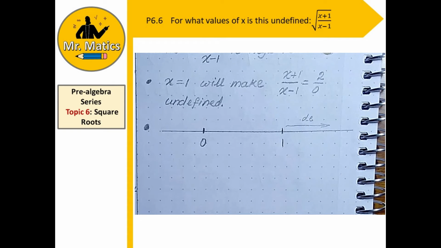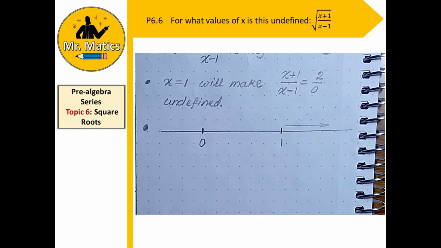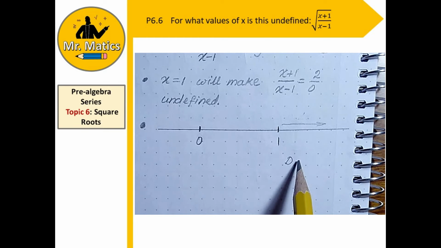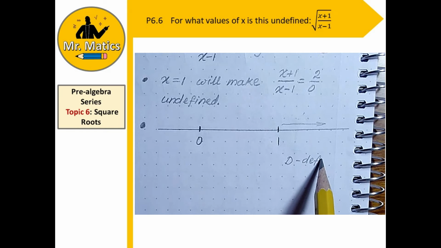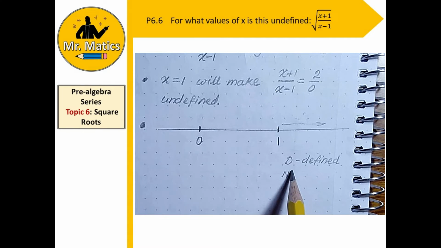So let's call this, we don't have to write the full word, let's say d equal to defined, and nd is not defined.